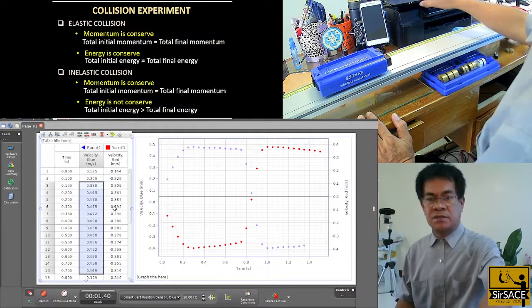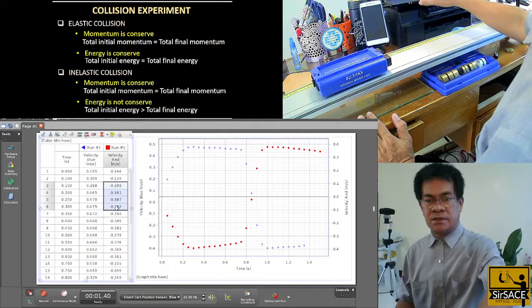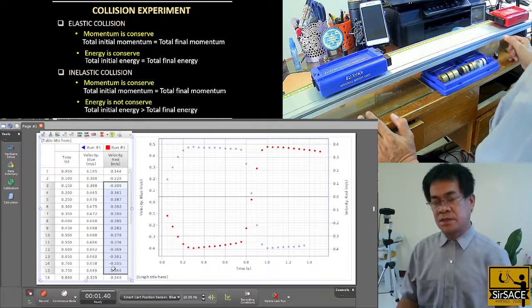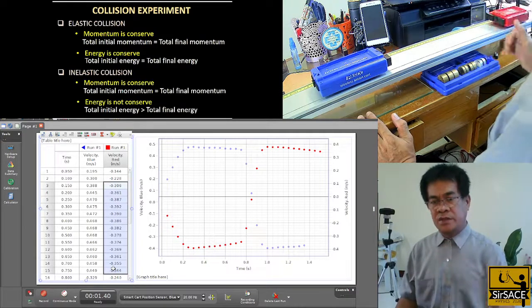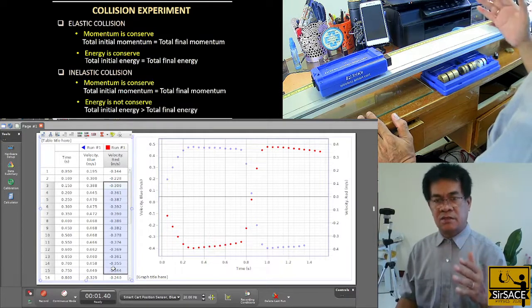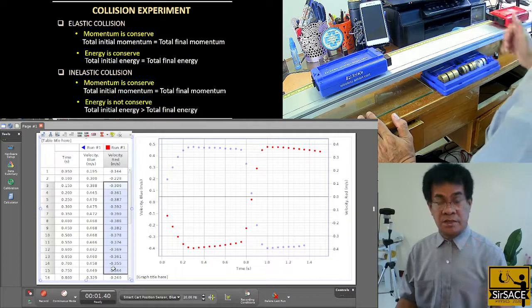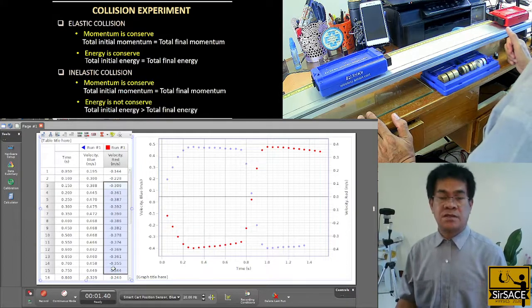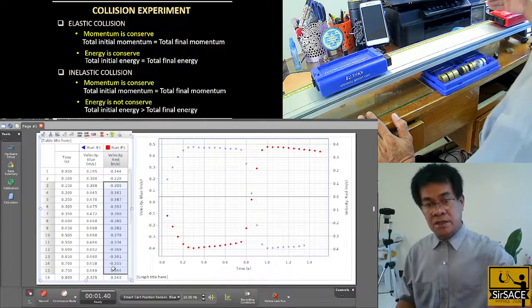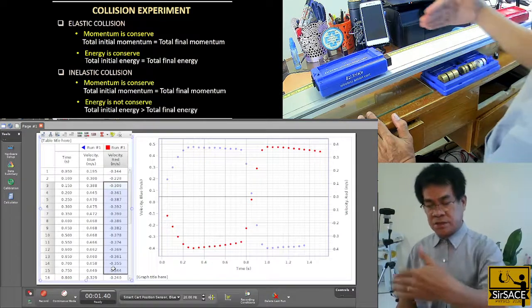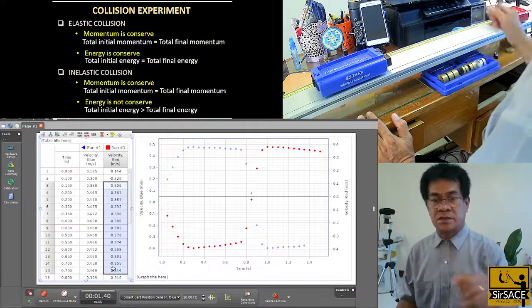In opposite, you can take the average of this, using the same number of cells, and that is the initial velocity of red. Remember, that's negative, because red travels in the opposite direction of the positive x.